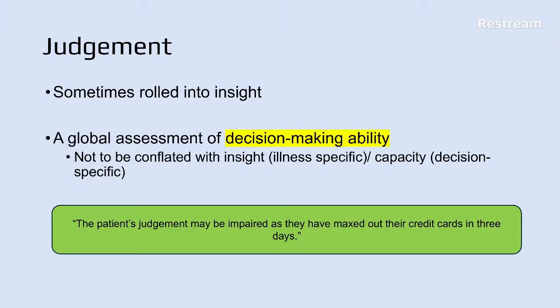But I think doing this is a bit awkward, and I wouldn't do it unless you definitely think that there's something wrong with this patient's judgment. Instead, you could do it opportunistically, again by looking at the decisions they make or the way they respond to your questions. So for instance, the patient's judgment may be impaired as they have maxed out their credit cards in 3 days. Next slide, please.